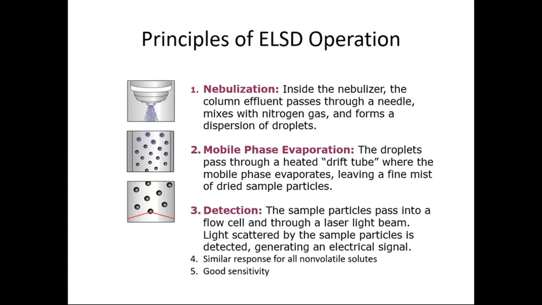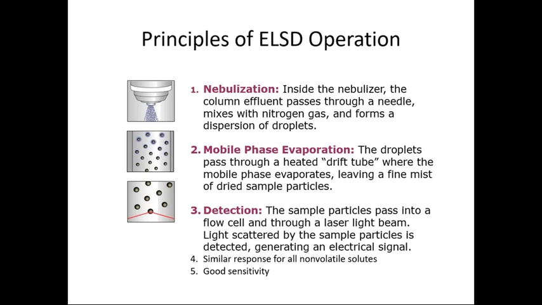The ELSD is one of the more recent detectors. It is a universal detector which can be used for all compounds irrespective of whether they have a chromophore or not. See, a UV visible detector can be used only if it has a chromophore. A fluorescence detector can be used only if the analyte exhibits fluorescence.